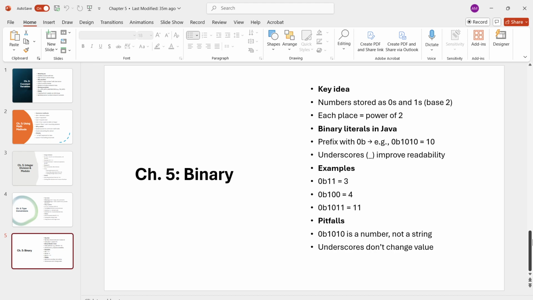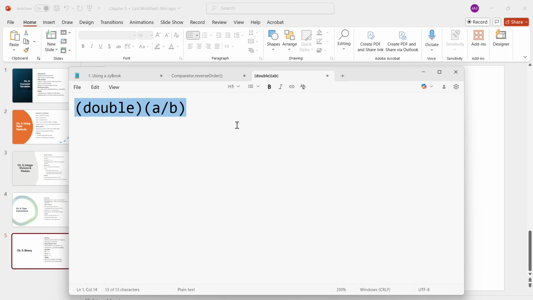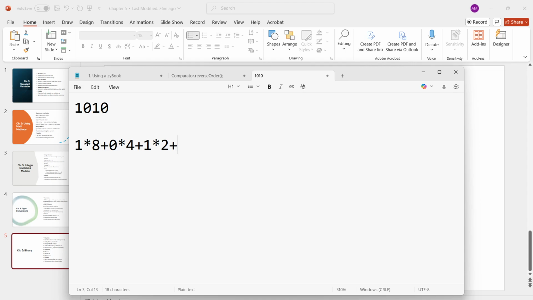The binary number 1010 means 1 multiplied by 8, plus 0 multiplied by 4, plus 1 multiplied by 2, plus 0 multiplied by 1.